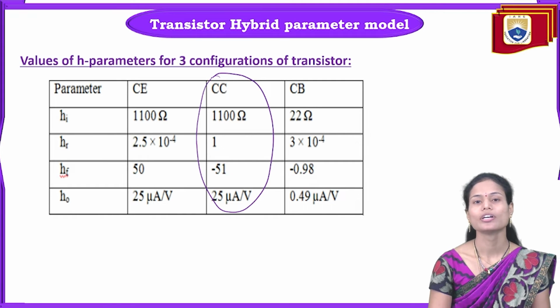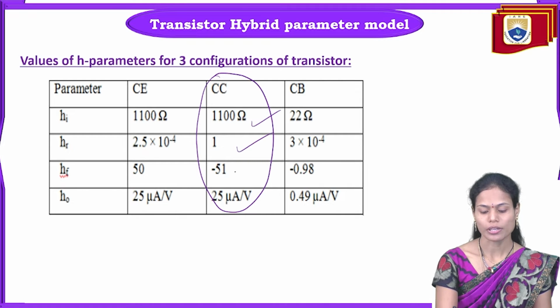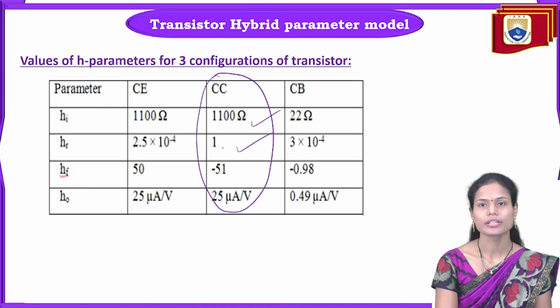Why? Because we are going to do the problems related to the common collector configuration. So we have to remember all these formulas. The input impedance is 1100 ohms, reverse voltage gain is 1, forward current gain is minus 51, and the output admittance is 25 microamperes per volt.